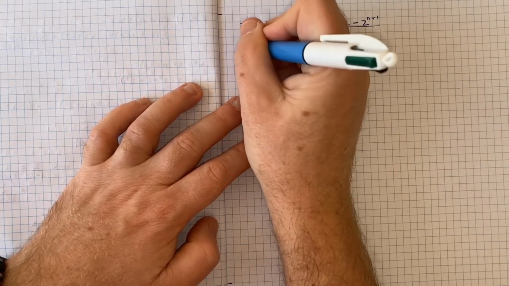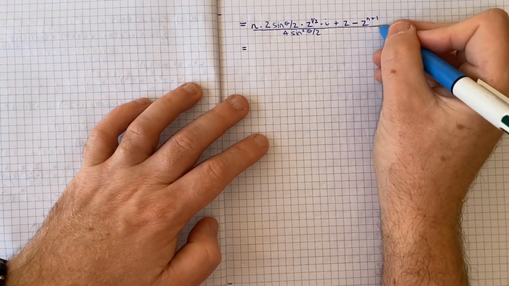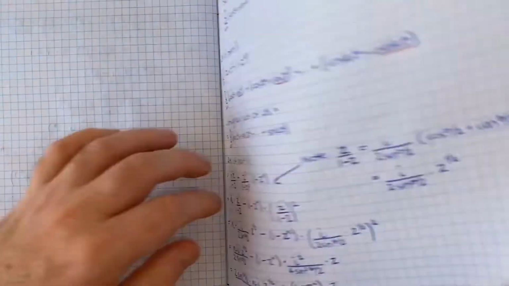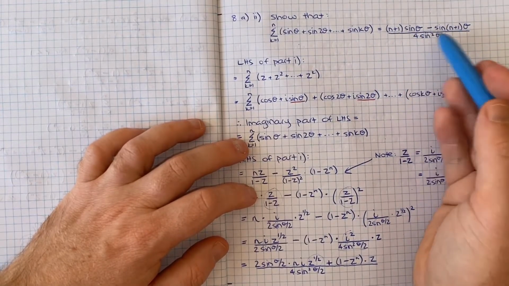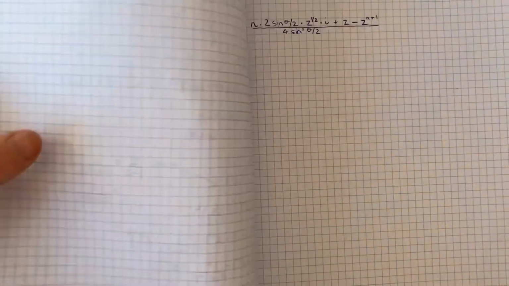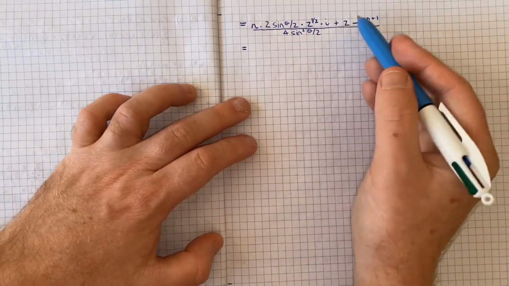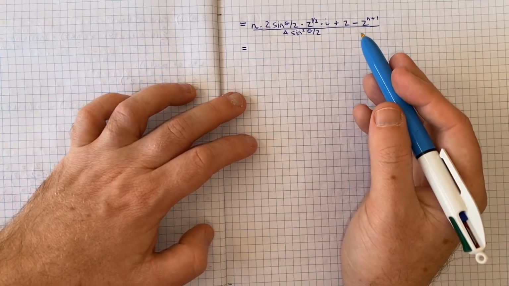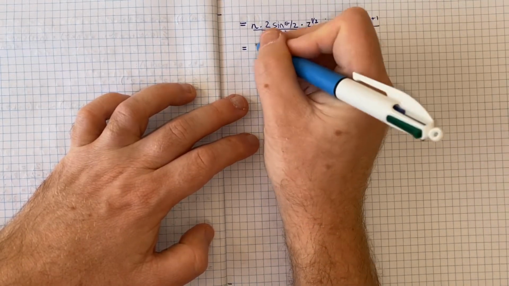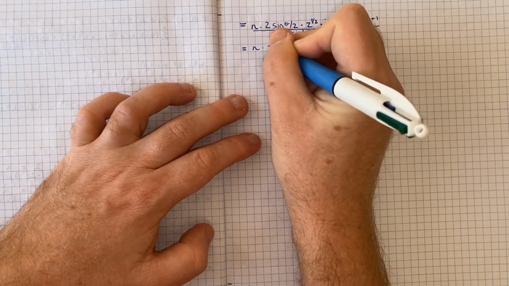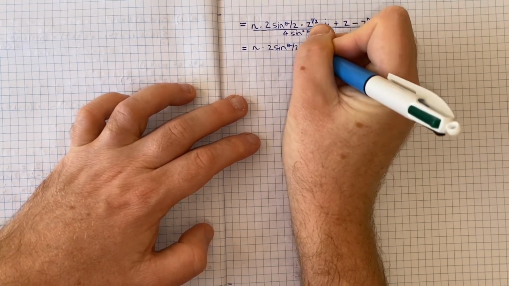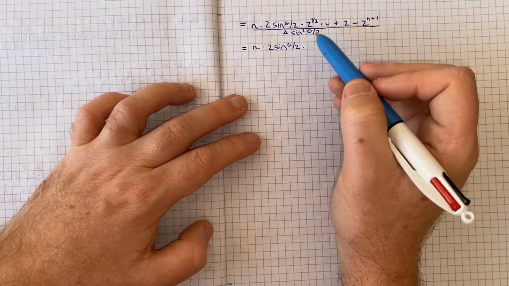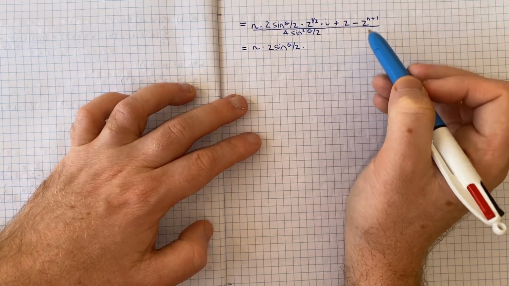Alright, now as I mentioned, because we know z is cos theta plus I sine theta, and because the result we're working towards doesn't have z's in it, it's just got the sine thetas, at some stage we're going to have to put this back into that form of cos theta plus I sine theta. So now is probably the time to do it. So we're going to have n times 2 sine theta on 2 times, now z to the half using de Moivre's theorem will be cos theta on 2 plus I sine theta on 2.